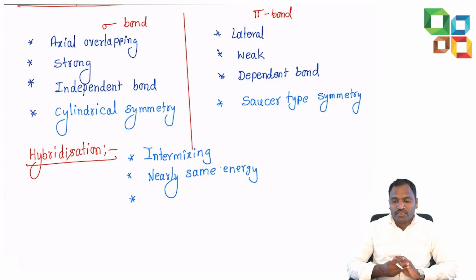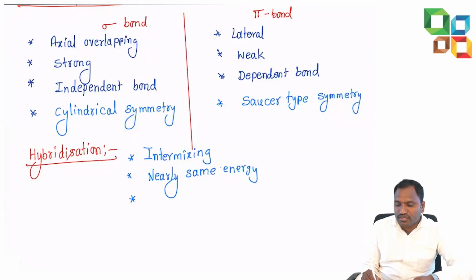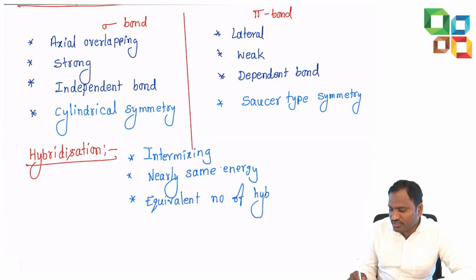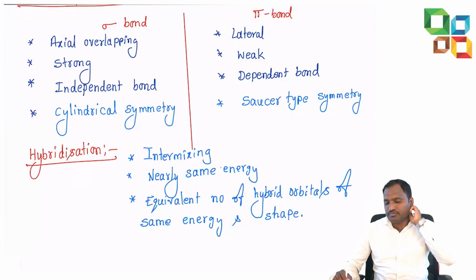Whatever the orbitals undergoing hybridization, they must have nearly same energy, and we get an equivalent number of hybrid orbitals of same energy and shape.